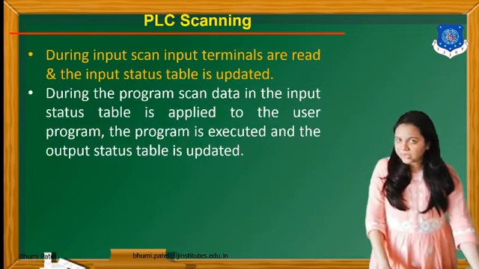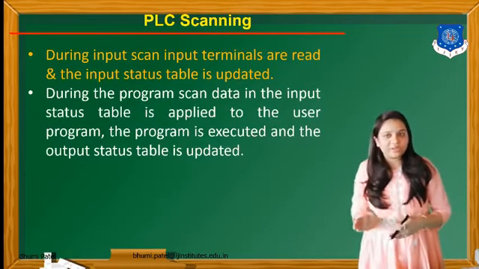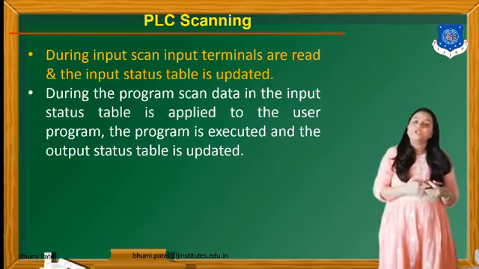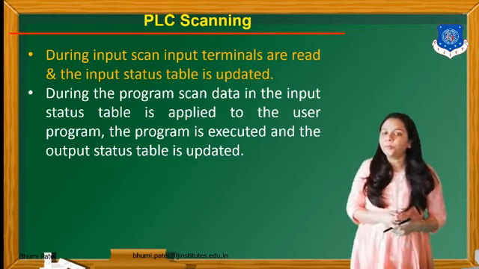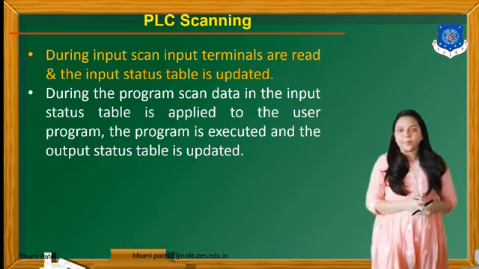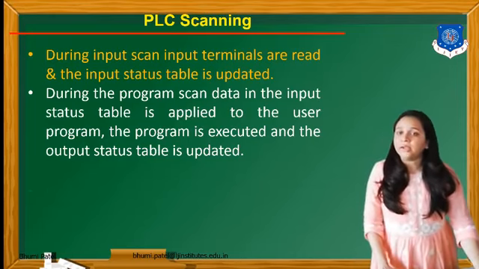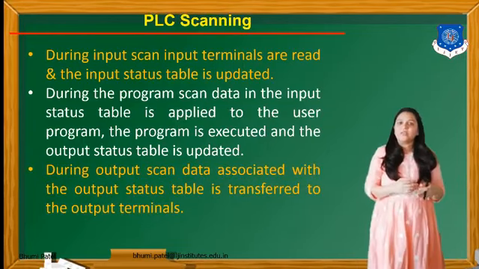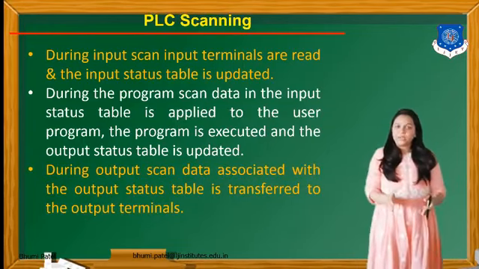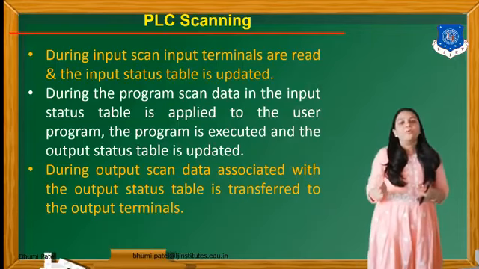During the program scan, data in the input status table is applied to the user program, the program is executed, and the output status is updated. During the output scan, data associated with the output status table is transferred to the output terminal.